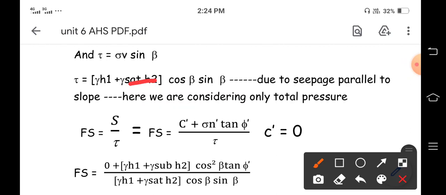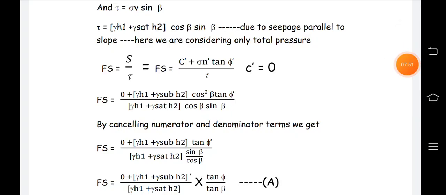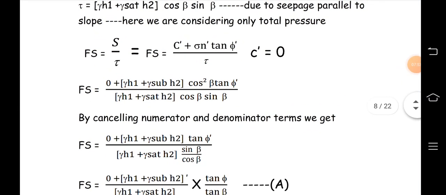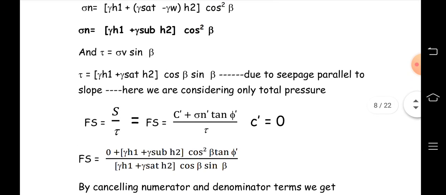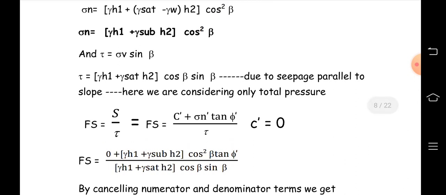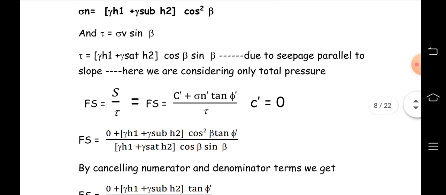By putting the value of S and tau: we know the value of sigma n will be gamma H1 plus gamma submerged H2 into cos square beta.